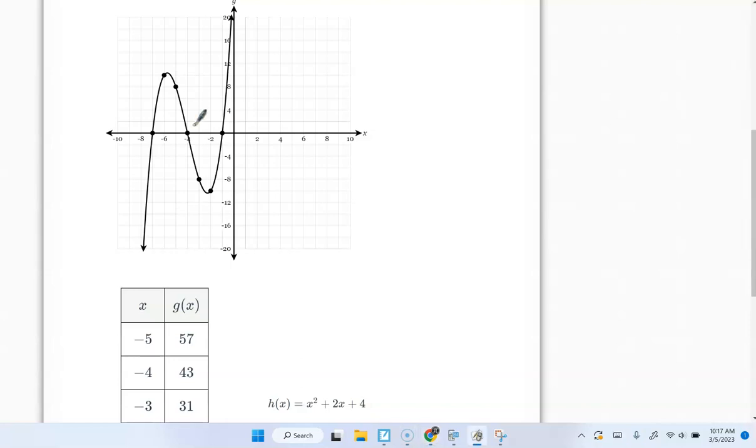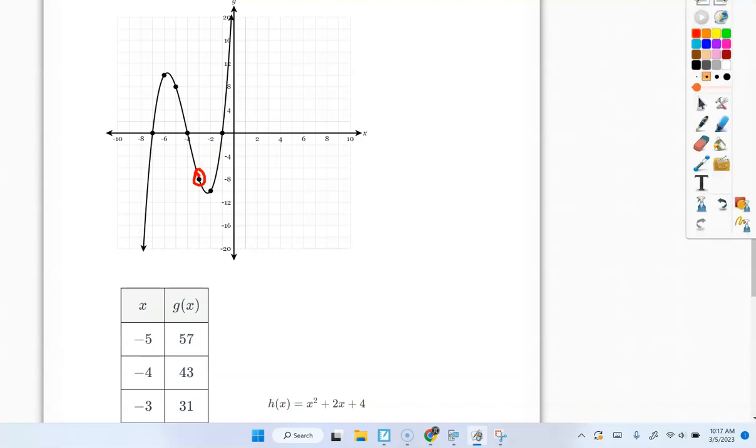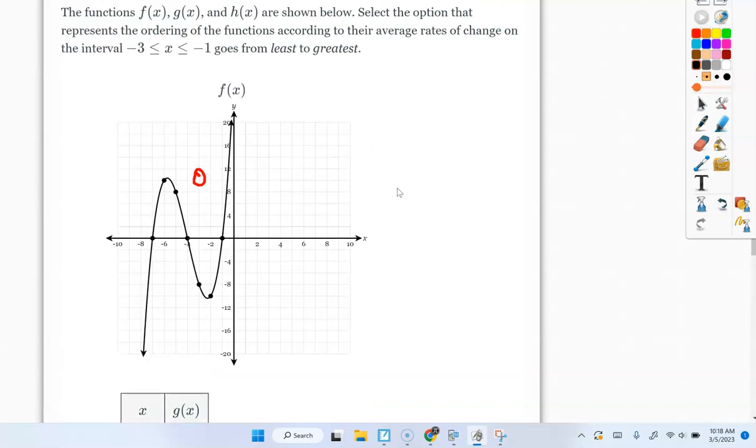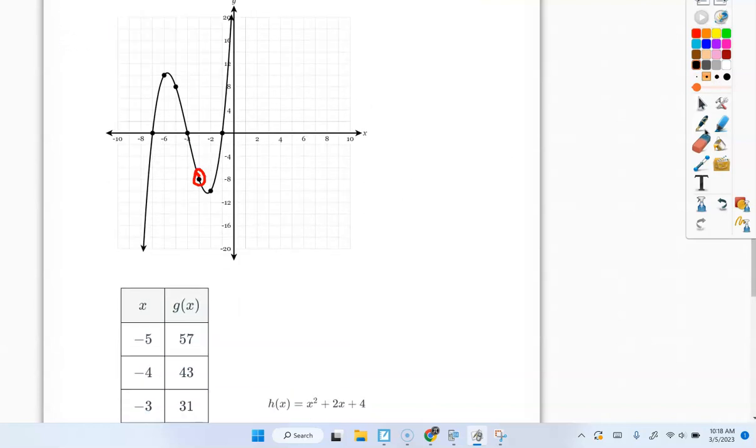So for the function f, -3 to -1 would be the points -3, -8 and -1, 0.